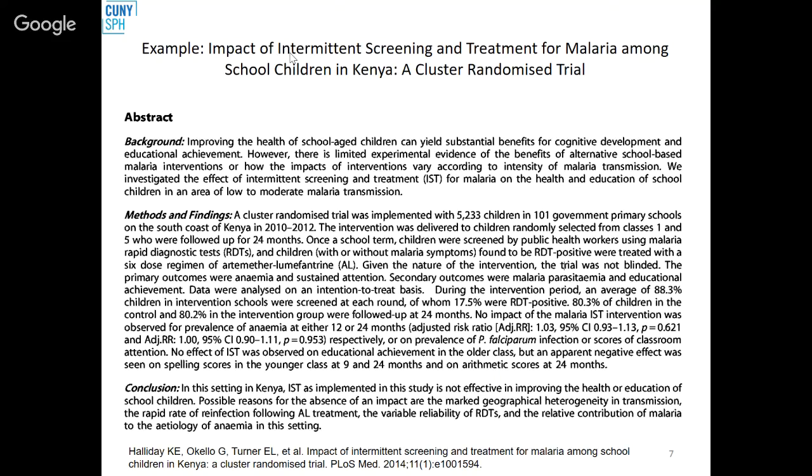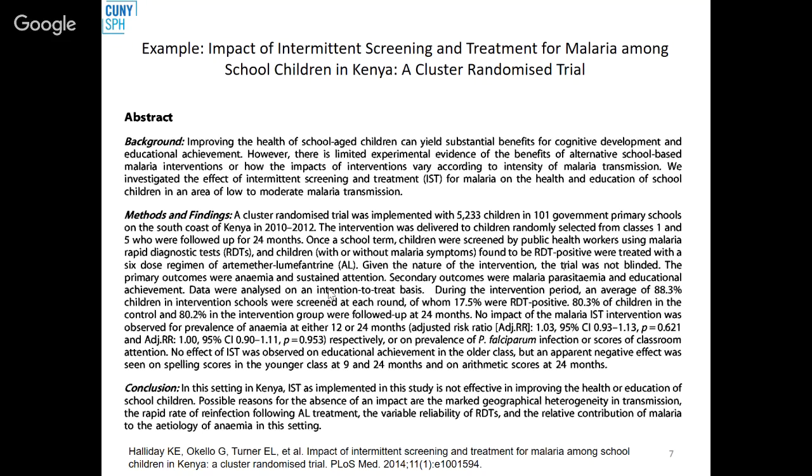So what they did is randomly sampled a set of schools, applied the intervention to those whole schools, but then within each school did an additional level of, let me see. So once a school term, the intervention was delivered to children randomly selected from classes 1 and 5 who were followed up for 24 months.